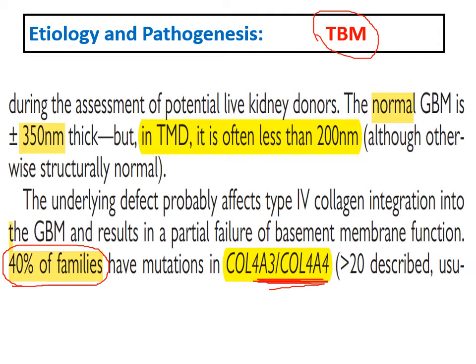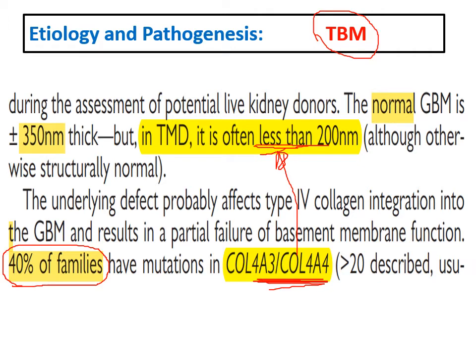Also the affection is of the alpha 3 and alpha 4 chains of type 4 collagen. This mutation leads to the pathology in thin basement membrane disease. As its name says, the glomerular basement membrane is very thin.